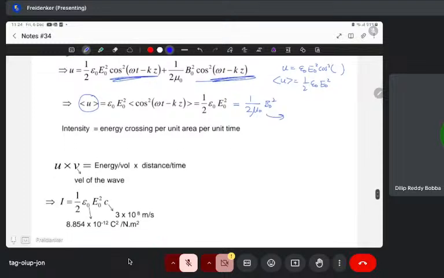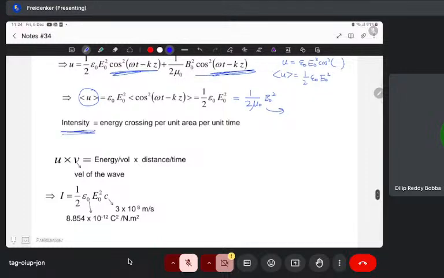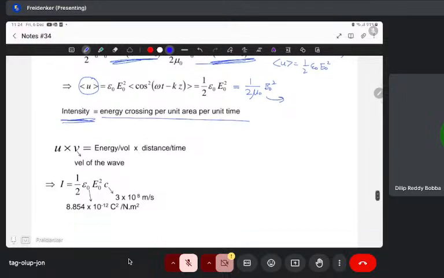Yes, so intensity is energy per unit area per unit time. This is energy density into velocity. What will velocity give you? Energy per volume, distance into time. Energy is joules, volume is meter cube, distance is meter, time is second. So you're getting the same thing: energy per unit time per unit area.